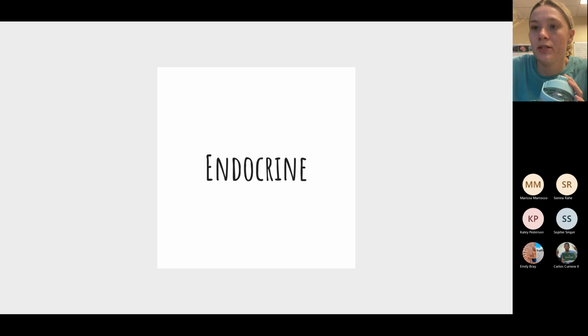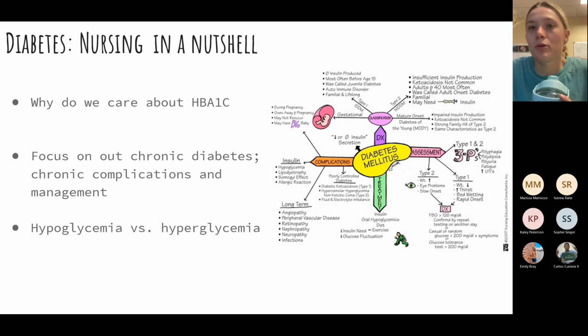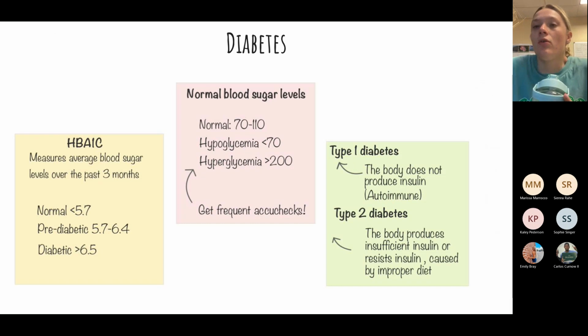All right. So first up, we just have a tiny portion of endocrine we are going to cover. Really, we're going to be talking about diabetes. There are a couple things we need to look into. Number one, is it type 1 or type 2? When someone has type 1 diabetes, they do not produce any insulin.